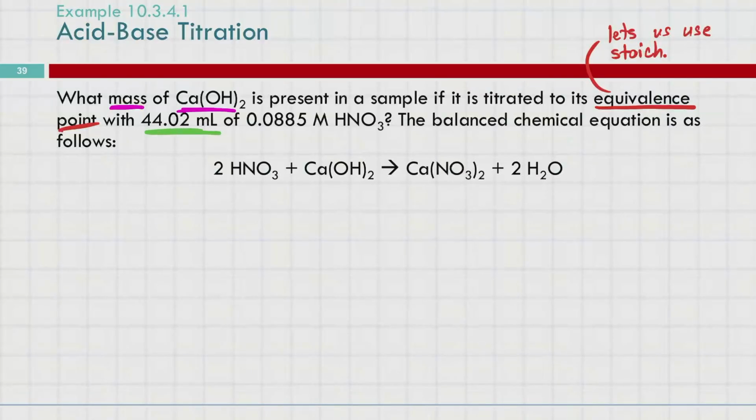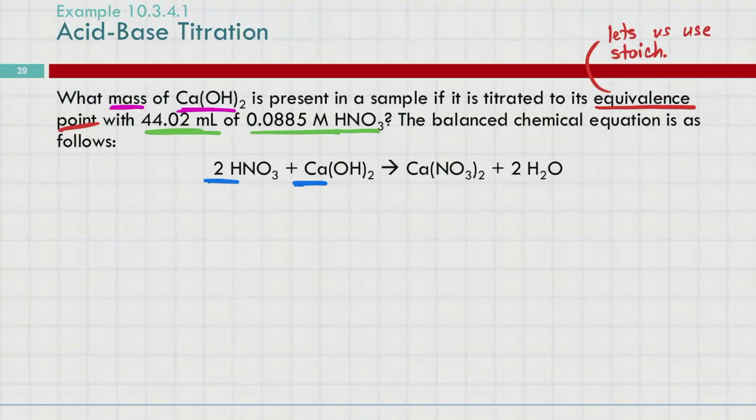And it's taken to its equivalence point with a certain number of milliliters of a known concentration of HNO3. And we've got a balanced equation. So the place to start is with the stuff that we know.